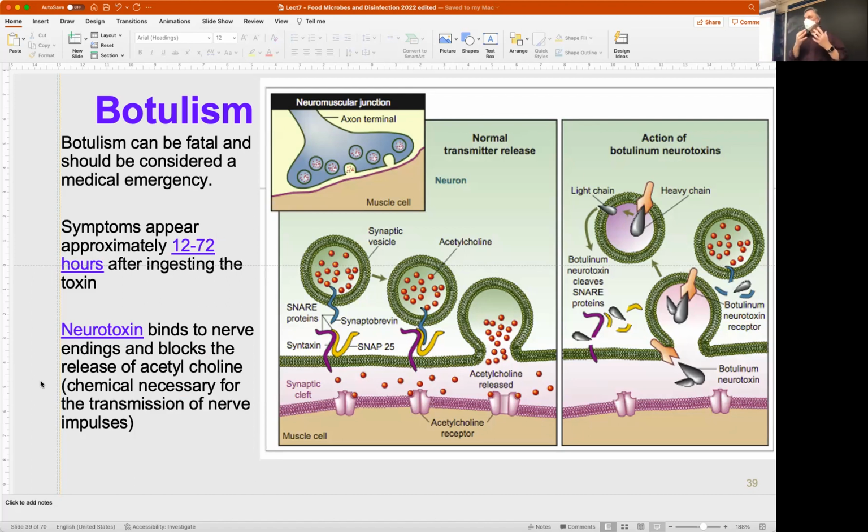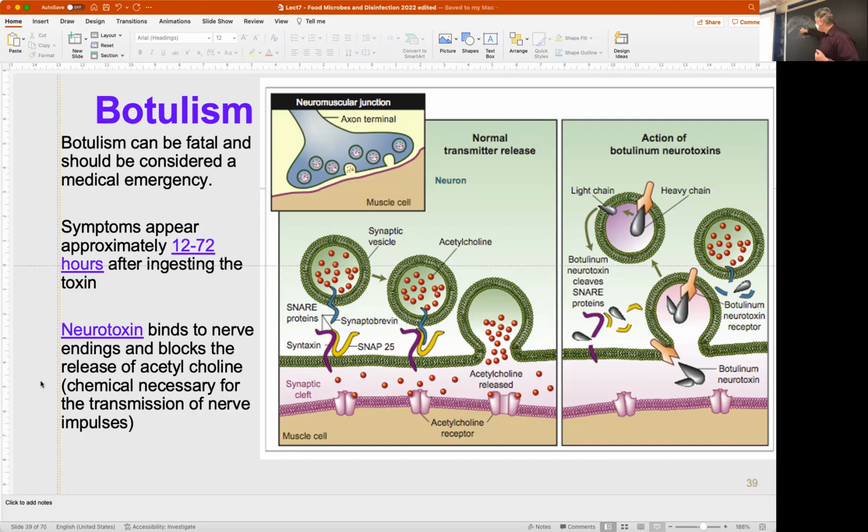Under normal circumstances, the vesicles have proteins attached to them, and the proteins come up to the surface of the muscle and attach the muscle to the vesicle, and these proteins attach on both sides.